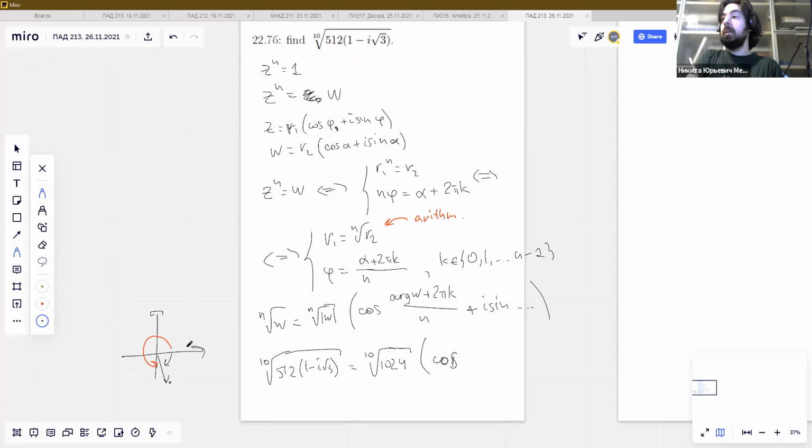But for simplicity, in problems, I will use different values of angles depending on how nice they are for computation. So let me use this angle. It is minus pi over 3. So minus pi over 3 plus 2 pi k divided by 10. Any questions at this point?